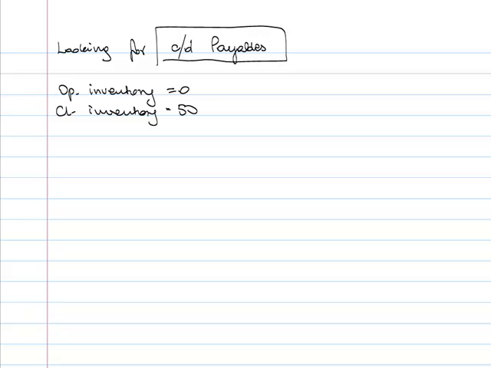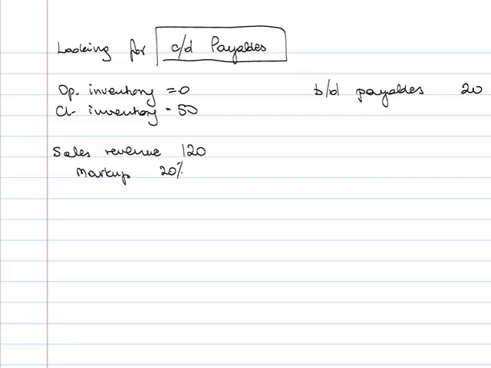We know that the selling price or sales revenue was 120, and that there is a markup of 20% on every sale. We also know that the brought down balance on payables was 20.